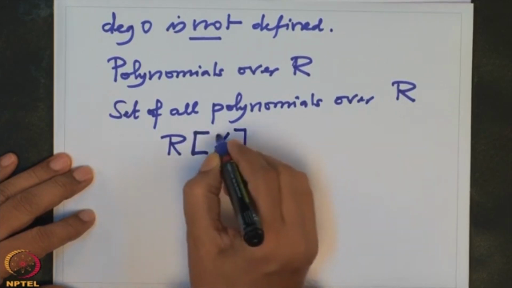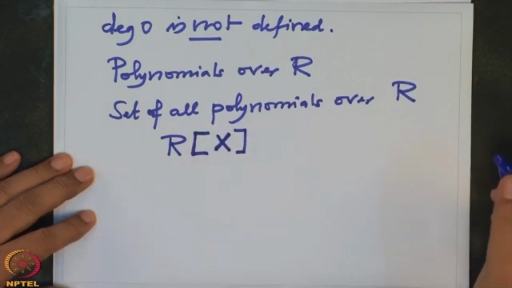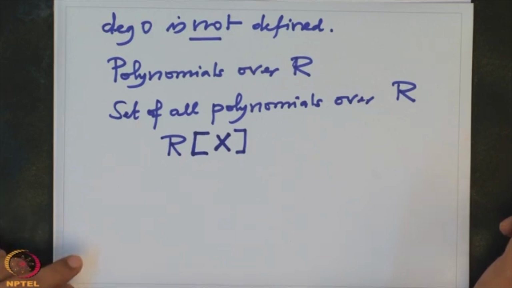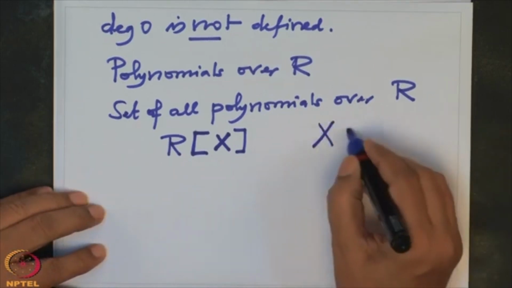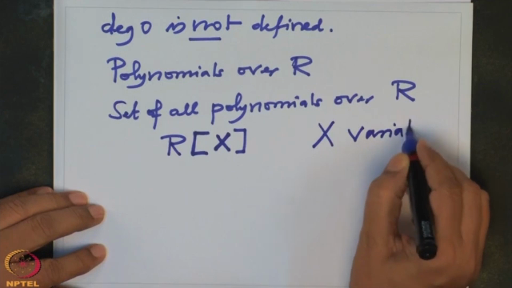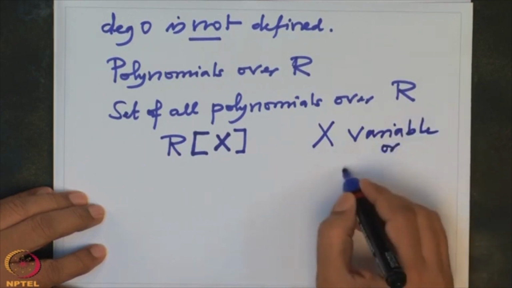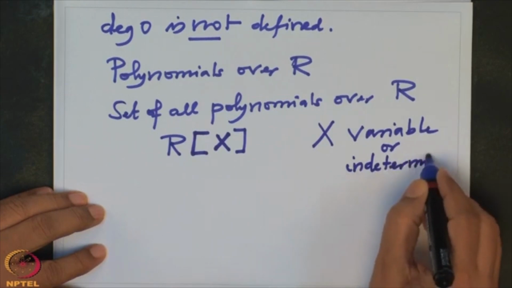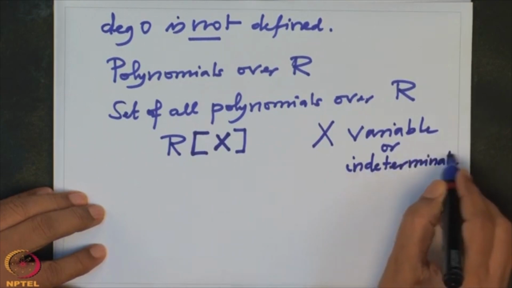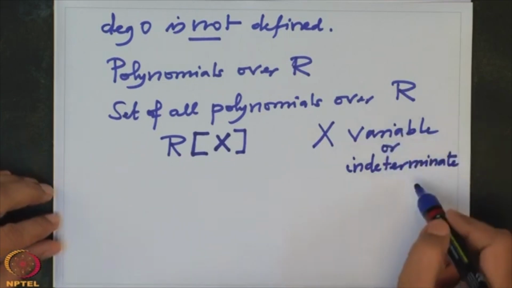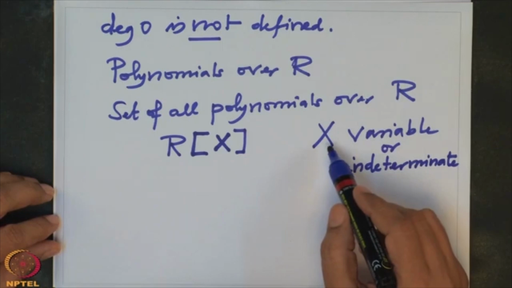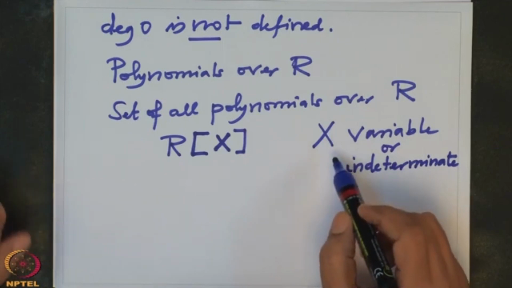And remember my writing always, this x is also called a variable, or indeterminate. Variables and indeterminates are always denoted by capital letters X, because small letters x will be used for evaluations.